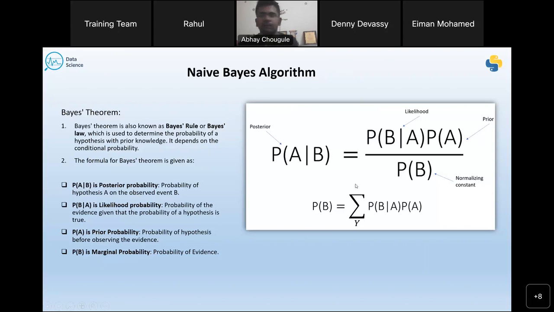Probability of A given B is equal to the probability of B given A, multiplied by the probability of A, divided by the probability of B. Bayes theorem is a rule.